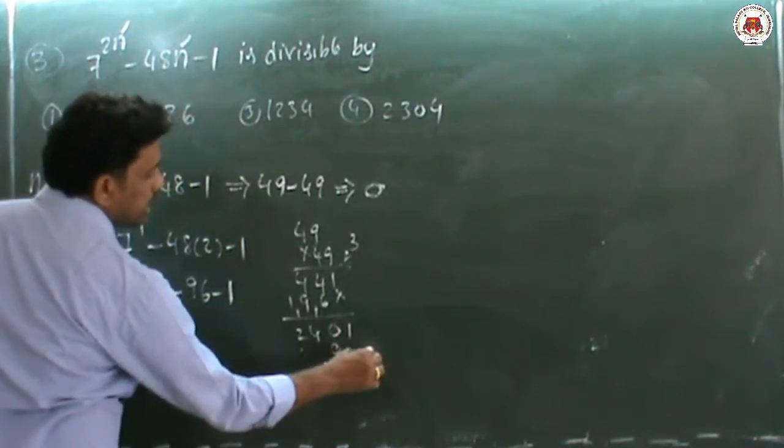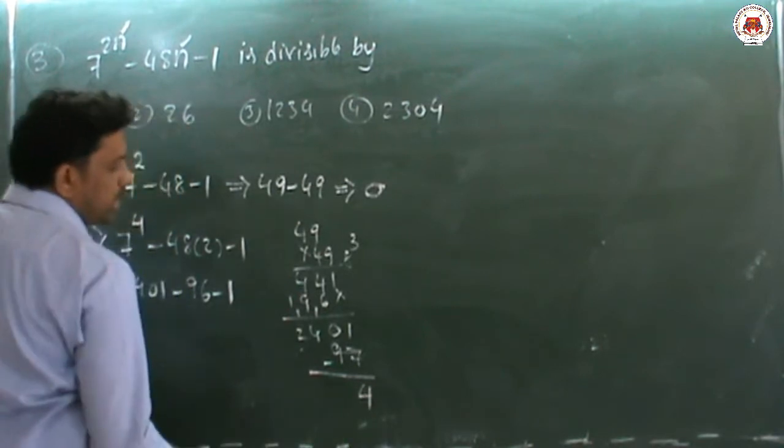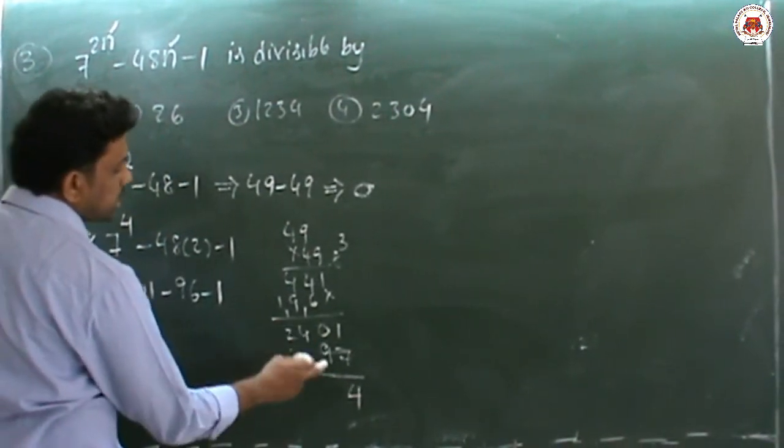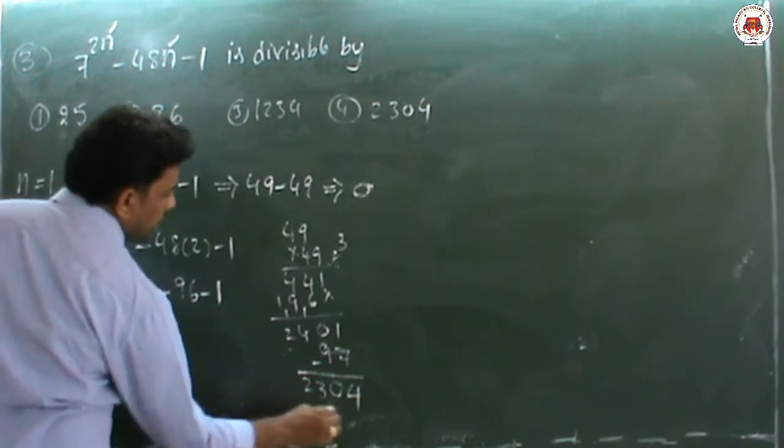If we subtract, 11 minus 7 means 4, and 9 minus 0 is 9, and so on, giving 2304.